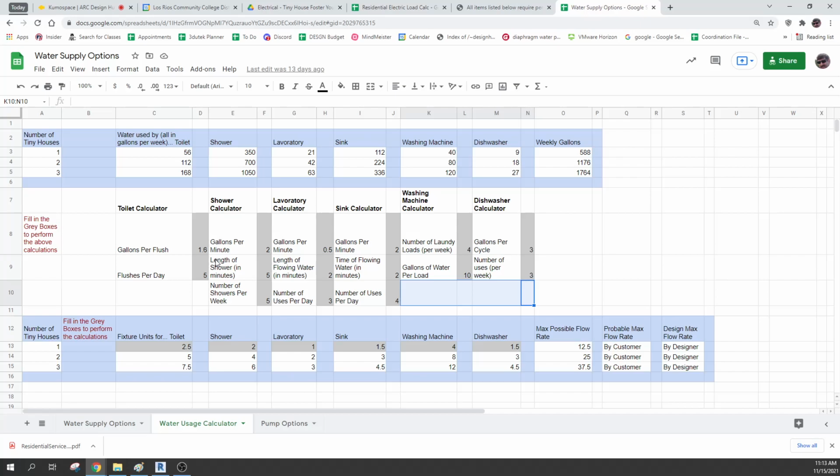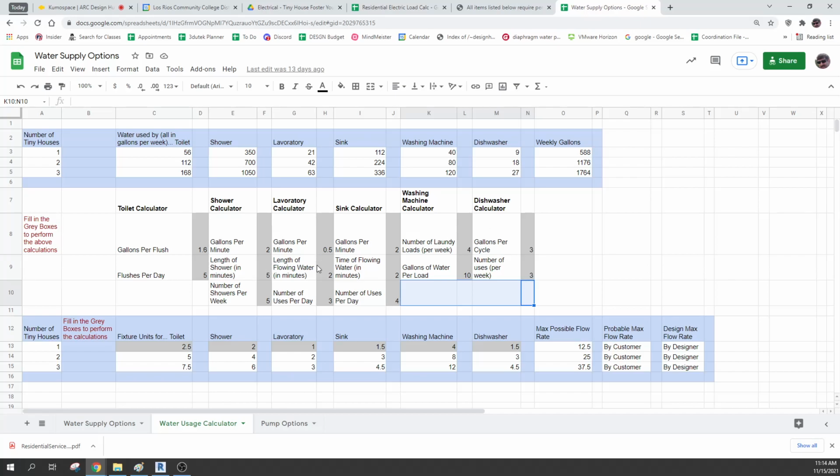And again, the goal of this calculator is to reasonably predict, based on the equipment and the knowledge of the architecture of what's going on in these lots, how much water you're going to need and how much needs to be provided at any one time by your system.